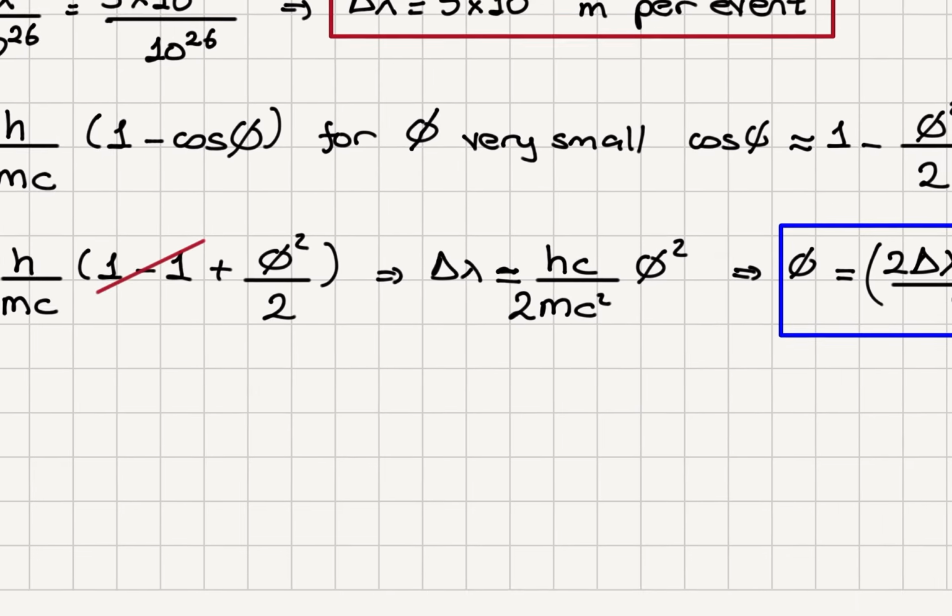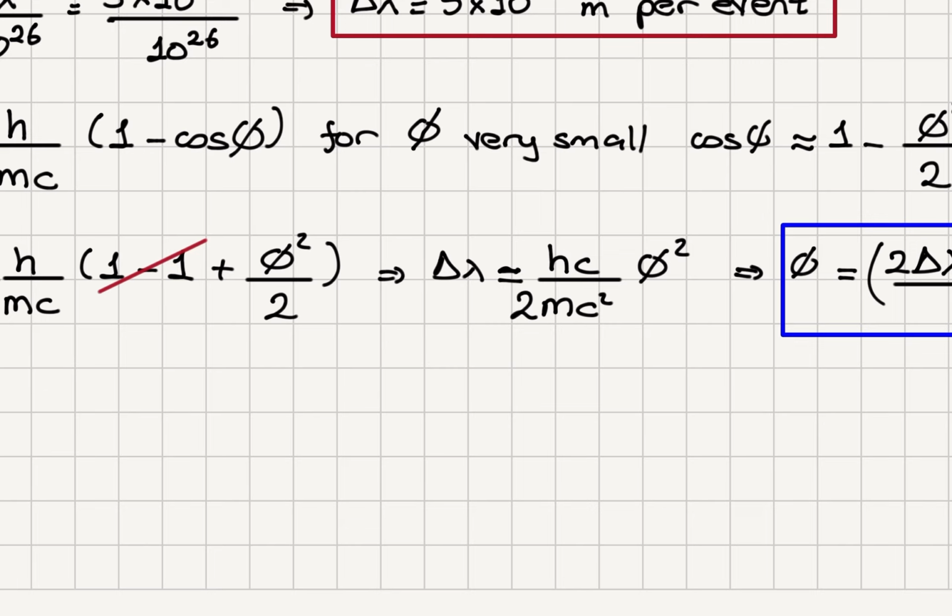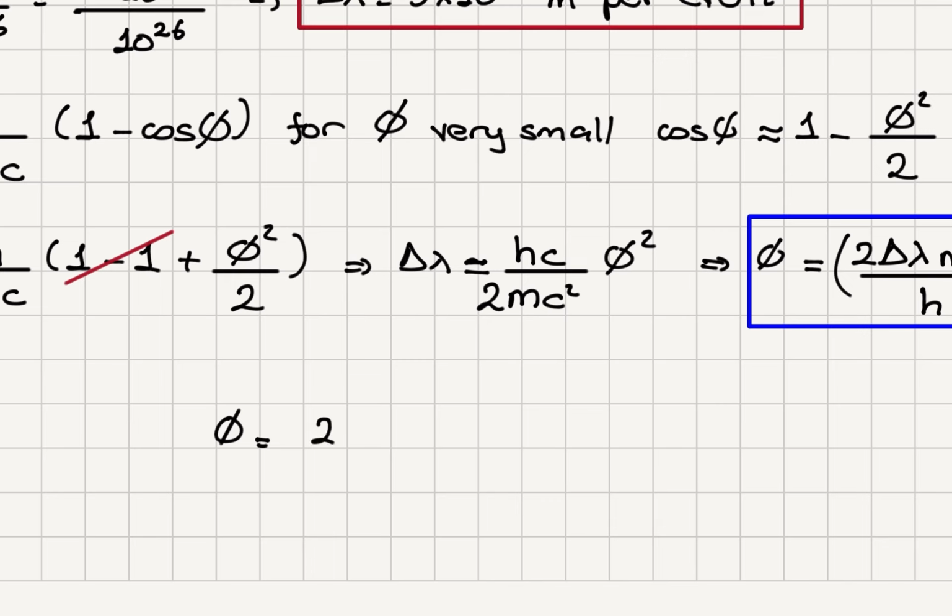Now, if I calculate this, phi is equal to 2 times delta lambda, 5 times 10^-33 meters per scattering event. Mass of the electron, 9.11 times 10^-31 kilograms.